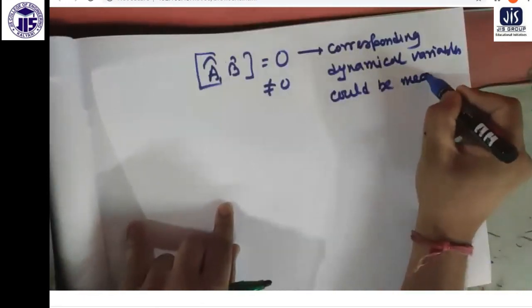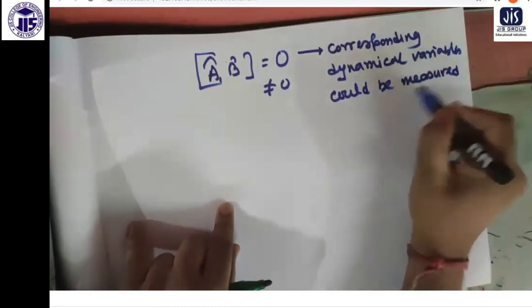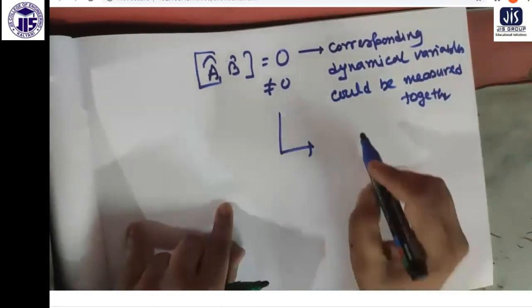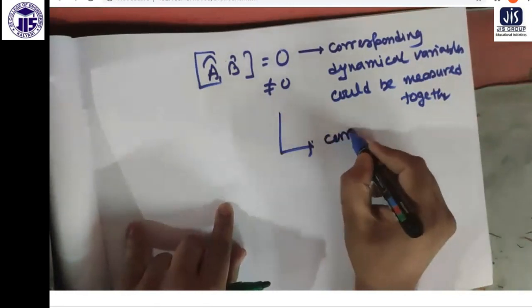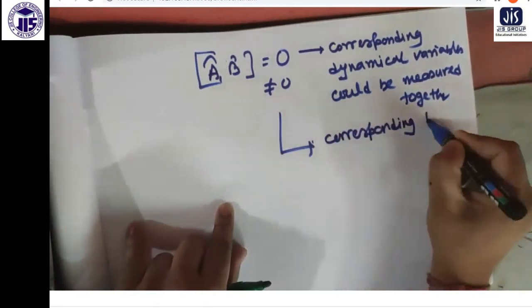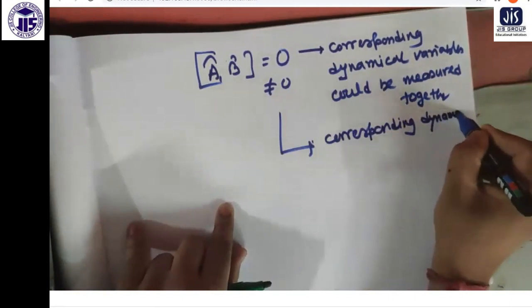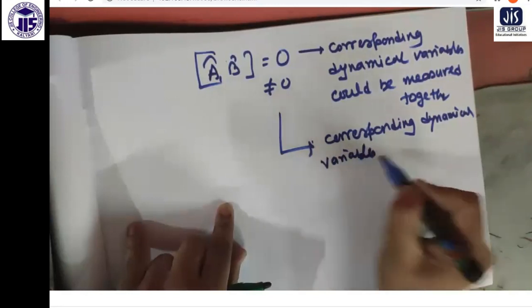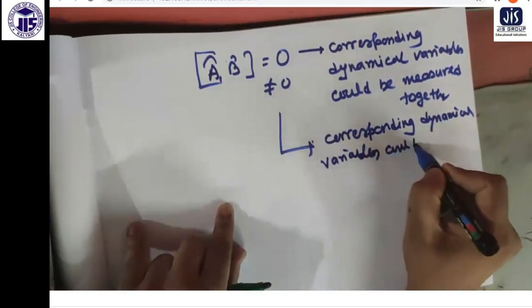Suppose T and V are commuting, so you can measure kinetic energy and potential energy together. And if they don't commute, the prescription is opposite. Corresponding dynamical variables could not be measured together.